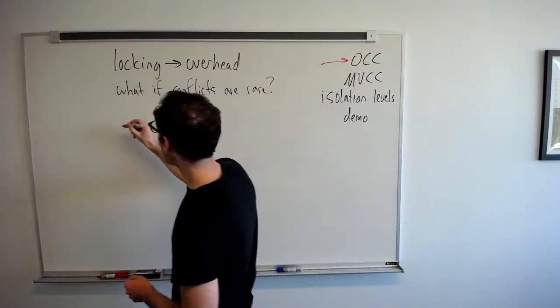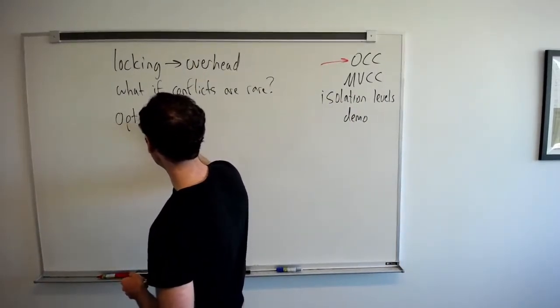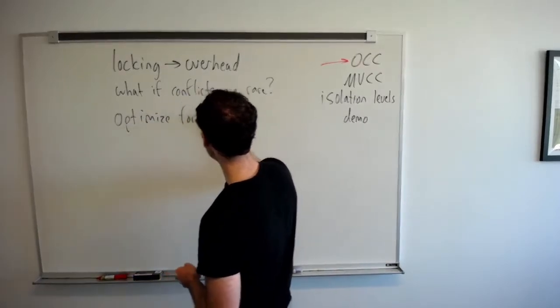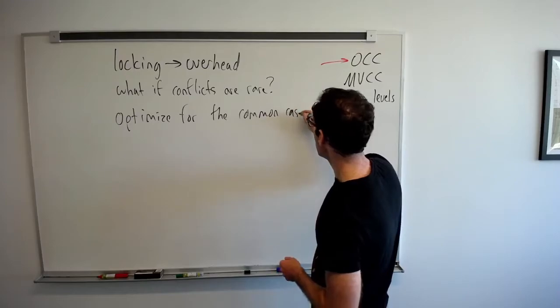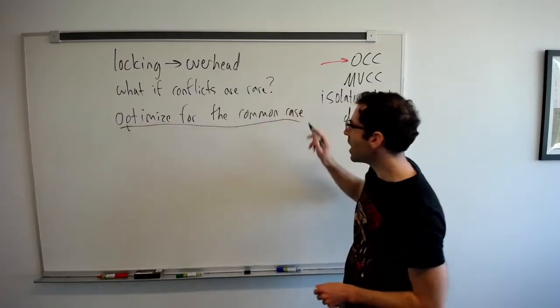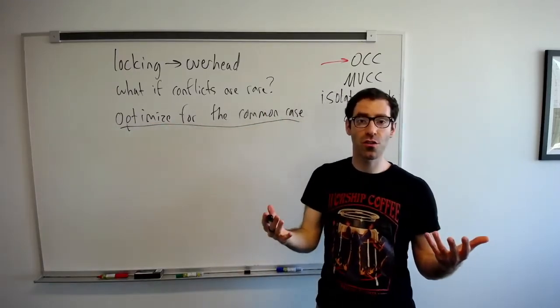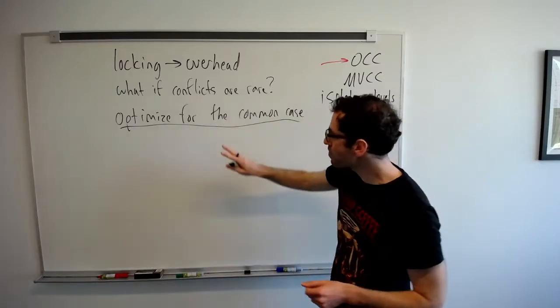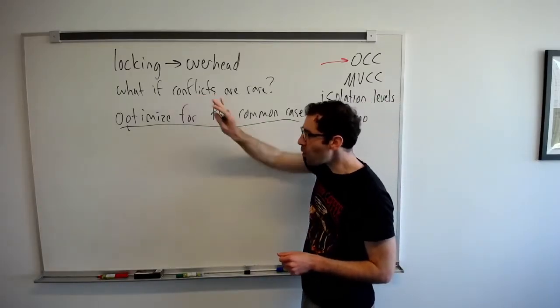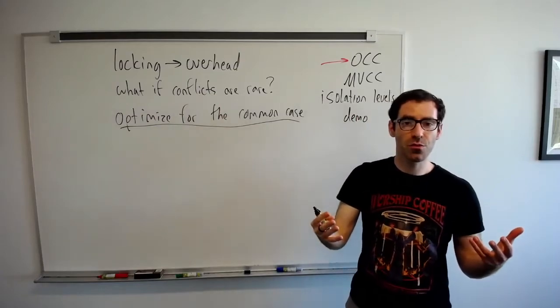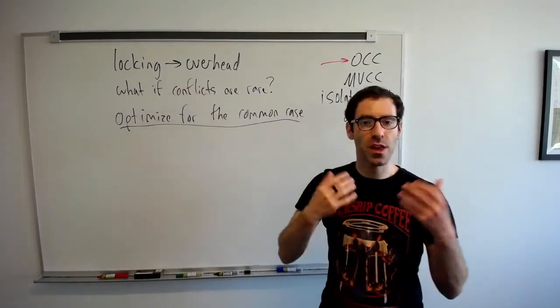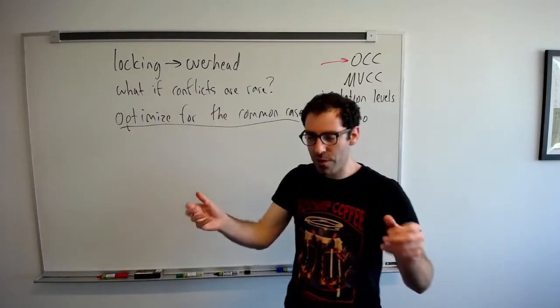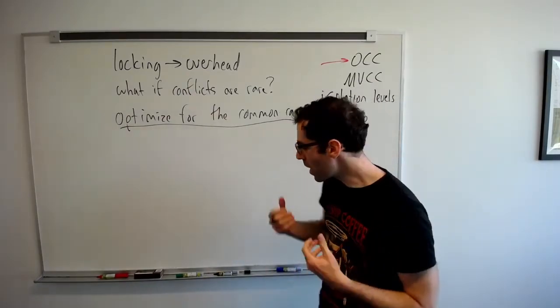And so we're going to want to optimize for the common case. We're going to want to choose a concurrency control scheme that is appropriate for a situation where conflicts are rare and that is going to avoid the overhead that locking introduces. And so that's where this category of optimistic concurrency control comes in.